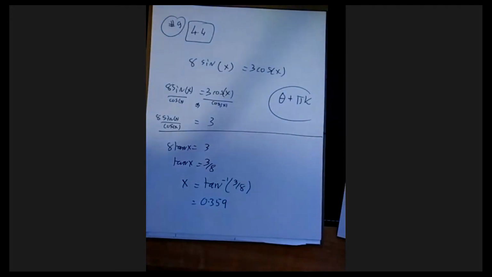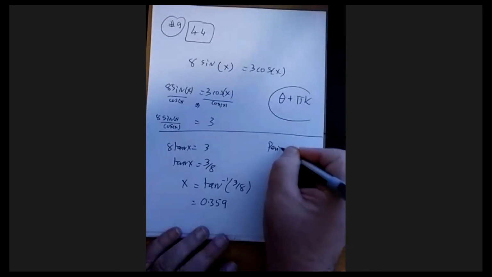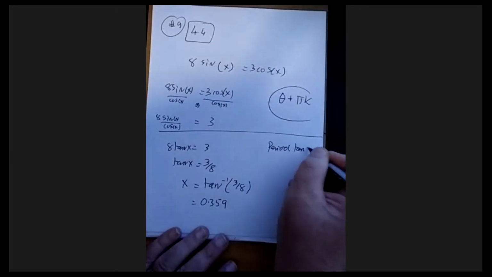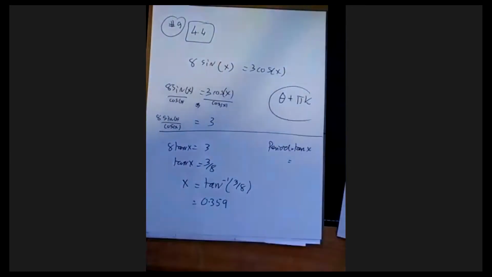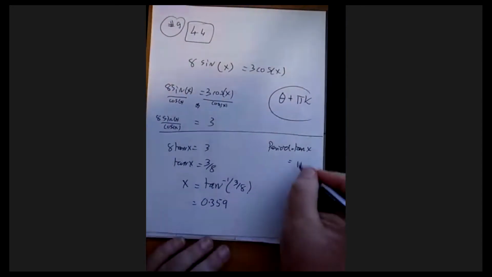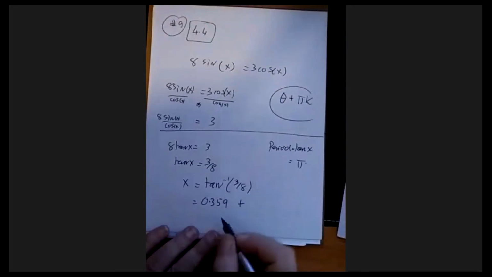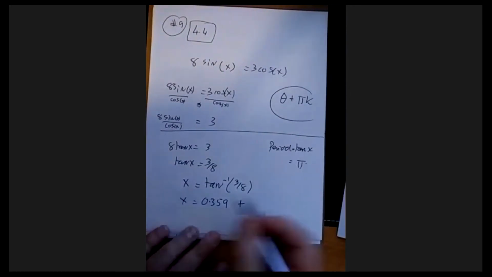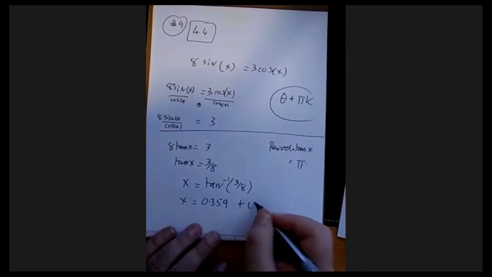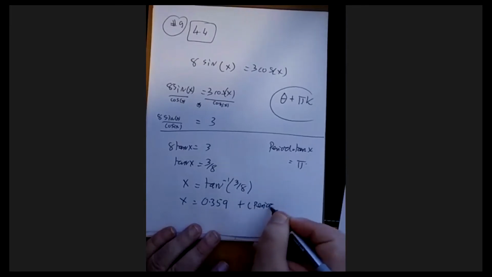Now, what is the period of tangent x? Pi k. Pi, yeah. And the rule is the angle that you got plus period times k.